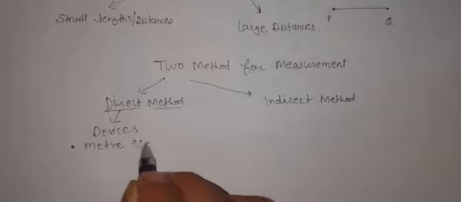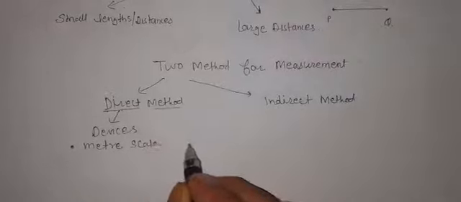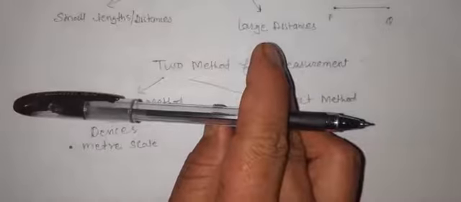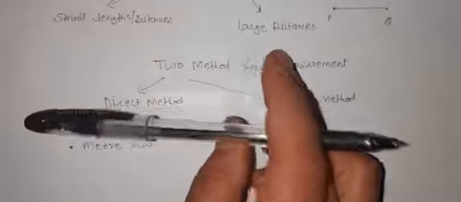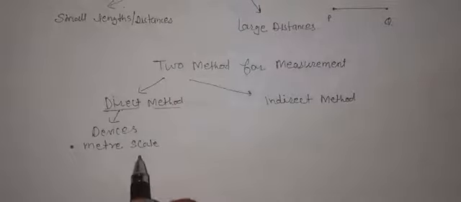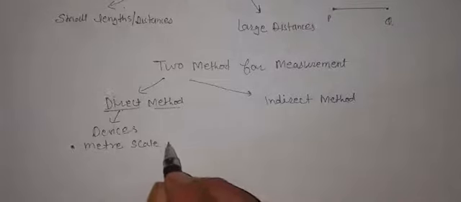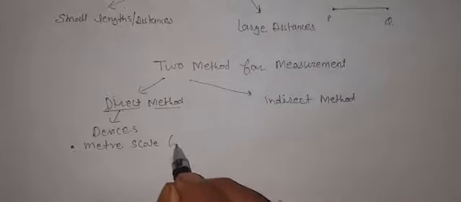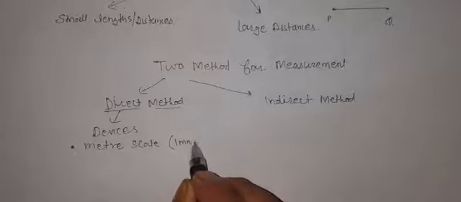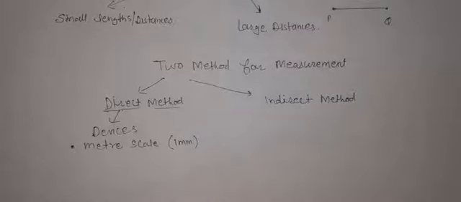If you want to measure the length of this ball pen, you will use the meter scale, and directly you can find out the length of it. With the help of this meter scale, we can measure up to 1 mm minimum.